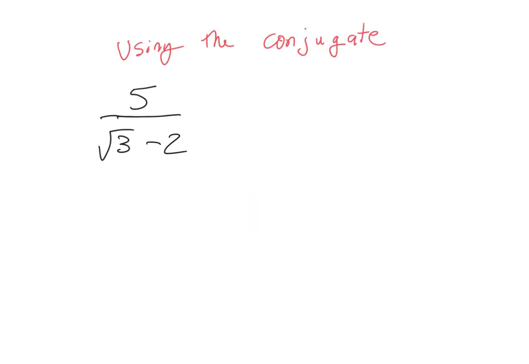So then I have this case here where my denominator has a square root, but it's not multiplying anymore. I have an adding or subtracting in the denominator, so I can't just multiply it by the square root of 3. I have to use what's called the conjugate. That's why it says using the conjugate. The conjugate is, again, we're going to be multiplying by 1, but it's going to be a fancy looking 1.